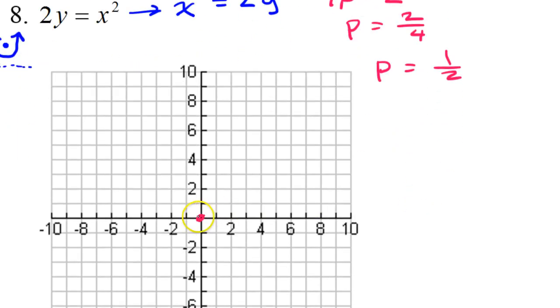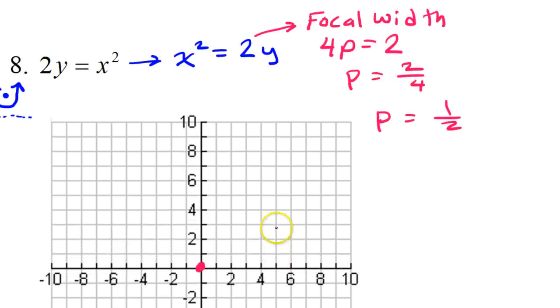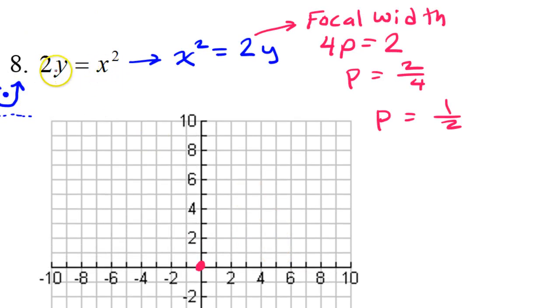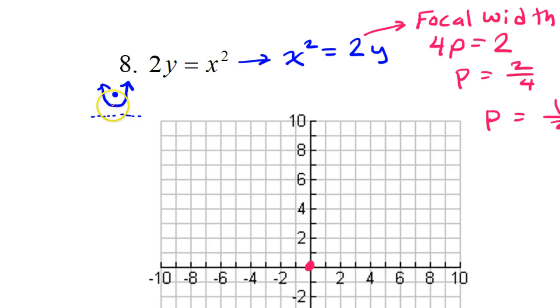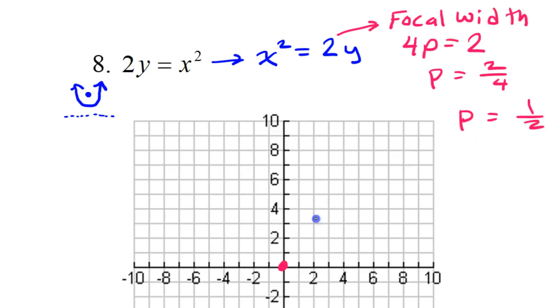Now, the vertex is still at 0, 0. There's nothing being added or subtracted here, so 0, 0. Now, I already know that my focus should be up from the vertex. But now I know that it's going to be up half of a unit, half of a square. So this is going to be really small, but my focus should be right here, almost on top of my vertex.